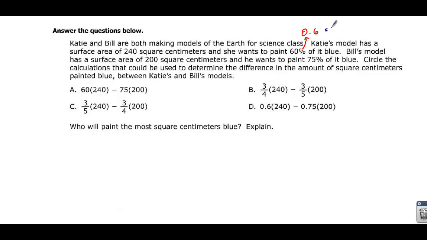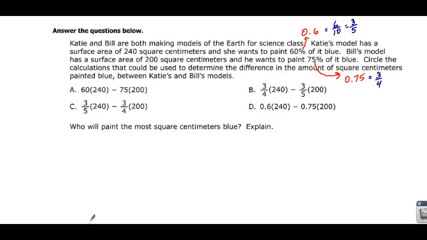As a fraction, it is 6/10, because that's how we read this, 0 and 6/10, which simplifies to 3/5. The other percent that we need to convert is 75%. As a decimal, 0.75. As a fraction, 3/4.